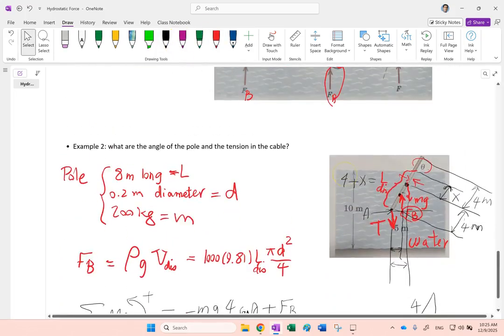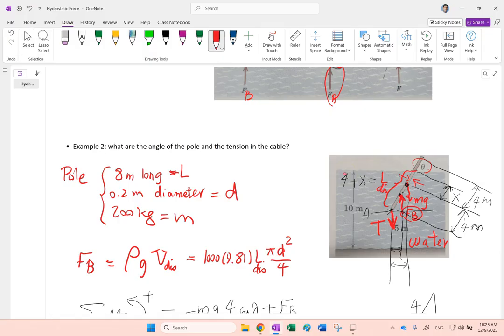So if we go back and look at, in this case, the displaced volume is basically this part that is inside the pole. And where is the centroid of that? Well, the total length of it is L displaced, so it's going to be L displaced over 2, right? So this distance here, if I can do it right, is going to be that L displaced over 2.